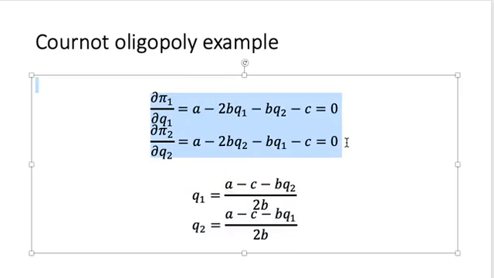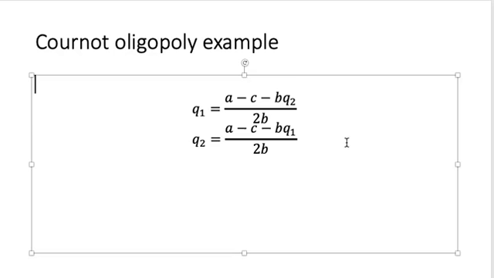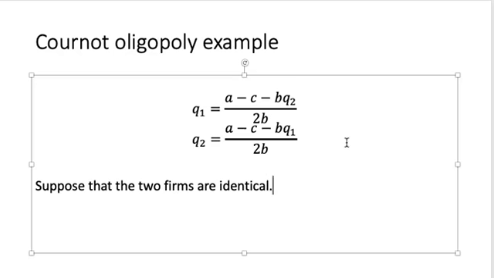Now, suppose that the two firms are identical. If they're identical, it means that Q1 must be equal to Q2, the same Q1 and Q2.